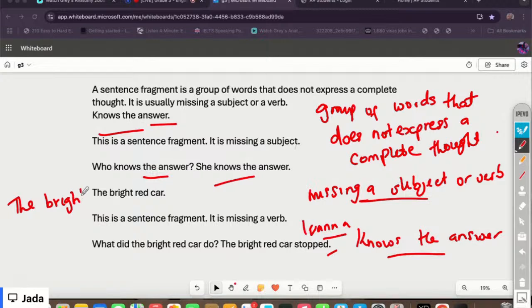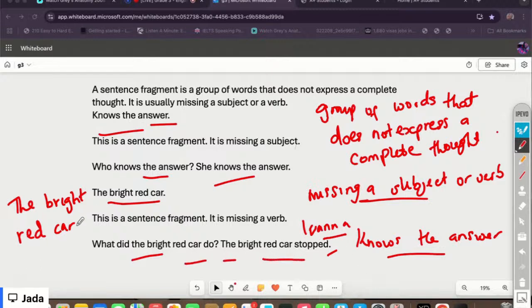So it could be "the bright red car." Now, it says the bright red car, but what happens to the bright red car? It is missing a verb because it just has a subject. So we have no idea what happened to the car. So, what did the bright red car do? The bright red car stopped.